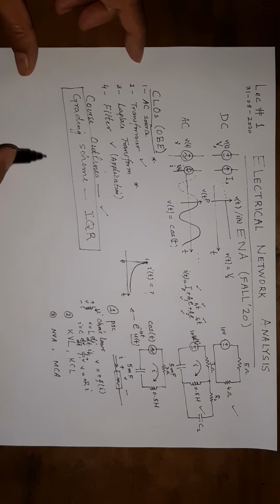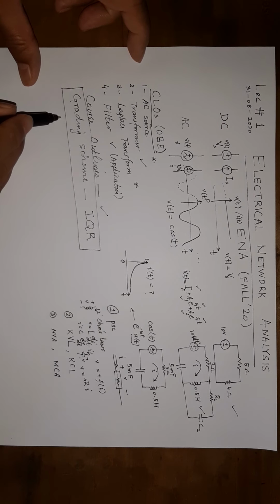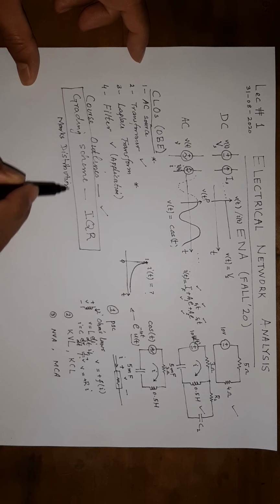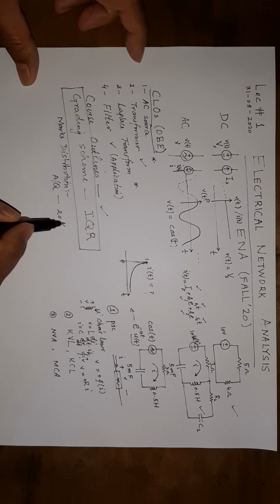That's very important. In the marks distribution, I am going to follow a simple scheme: assignments plus quizzes together are going to contribute 20% of the marks. Then we are going to have a midterm, which is going to contribute 30%, in the ninth week of the semester or so.